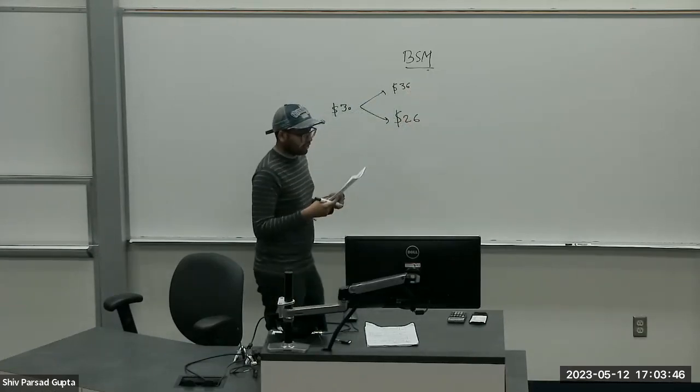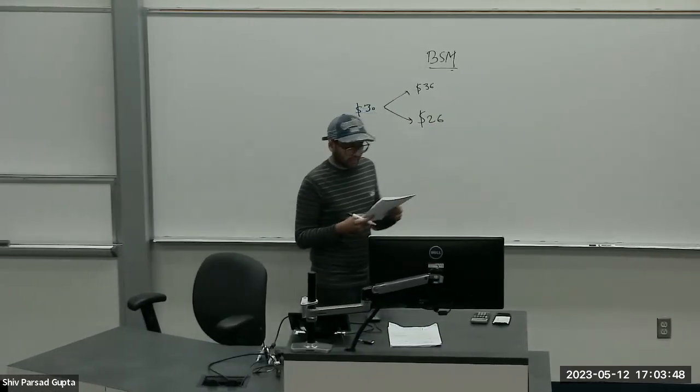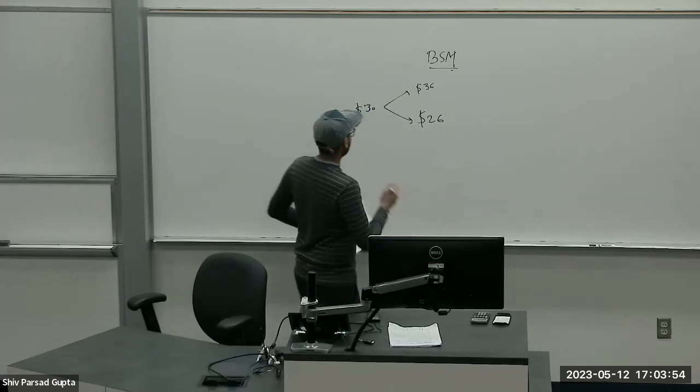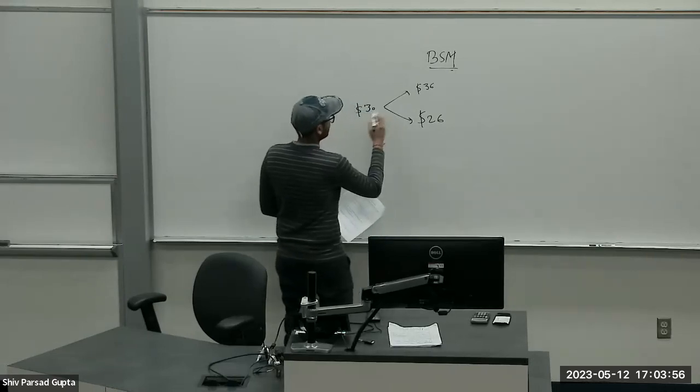They have also given the risk-free rate as 0, and they are asking what the risk neutral probability is that the stock price will be $36, that is, the probability of the stock price going from $30 to $36.